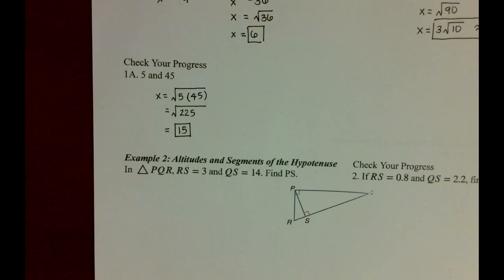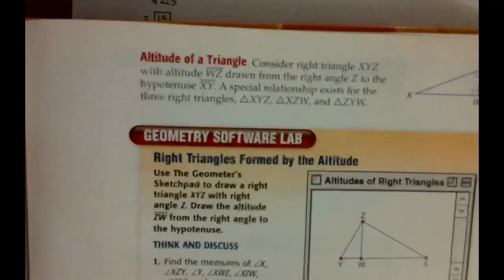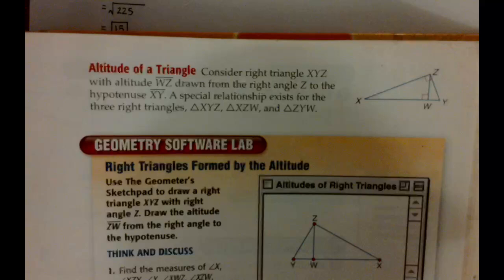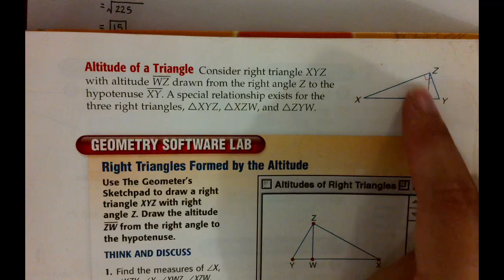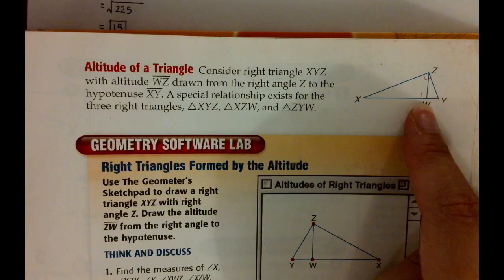So where does this idea come into play? Before we get to that, we are going to talk about the altitude of a triangle. Consider this right triangle XYZ. It has an altitude of WZ drawn from the right angle Z to the hypotenuse.